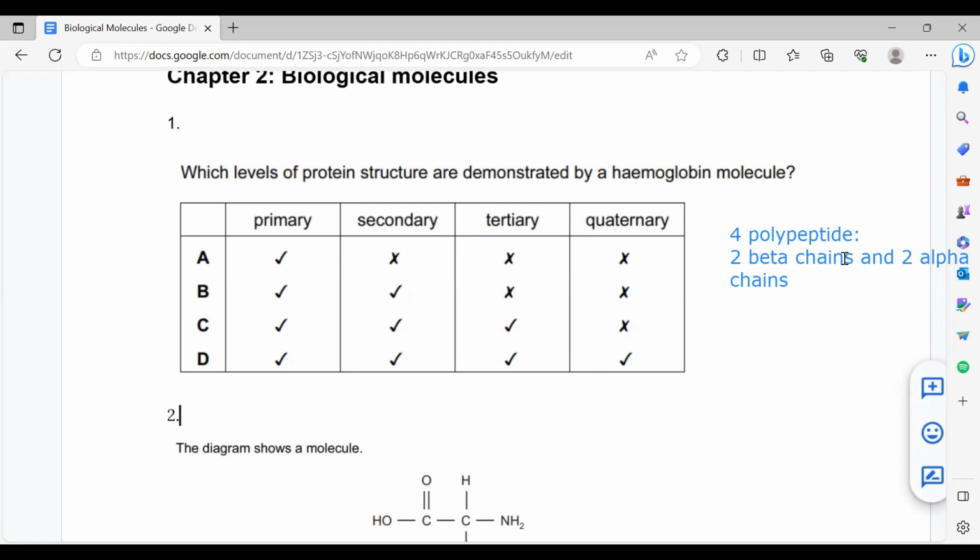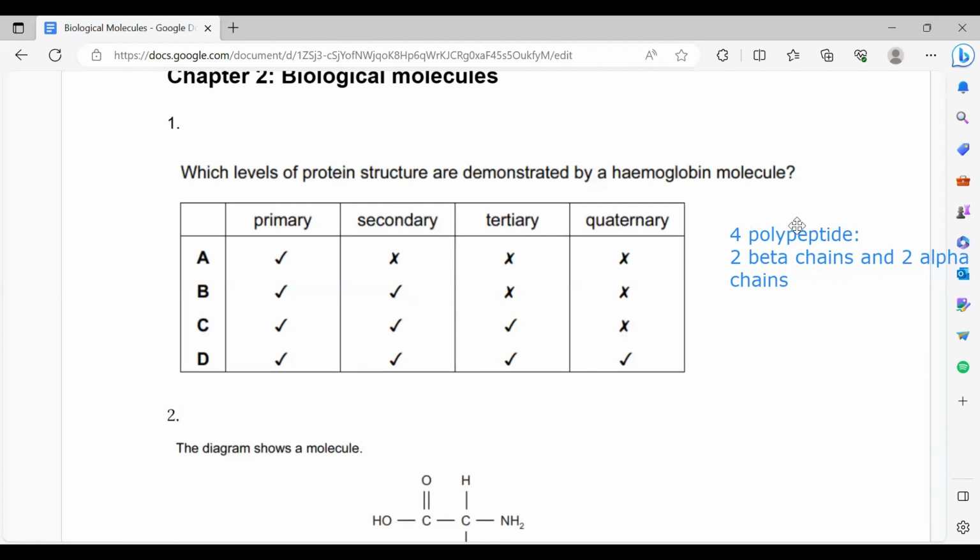Primary structure is the sequence and number of amino acids in any kind of protein. Secondary structure is when the hydrogen bonding between the amino acids in the protein causes the protein to form either a helical shape or a beta pleated sheet kind of shape. Tertiary structure is the 3D shape of the protein.